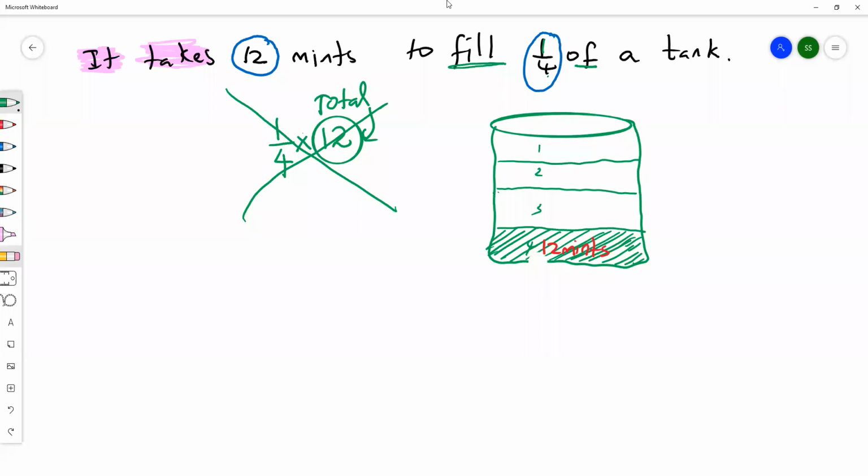To fill this part, it's taking 12 minutes. To fill this part also, it will take 12 minutes because they are equal parts. Here also 12 minutes. So what is the total time taken? 12, 12, 12, 12. So 12 fours is 48 minutes.